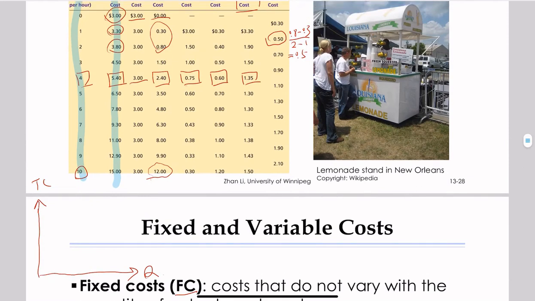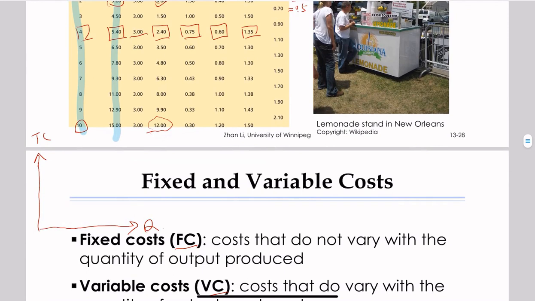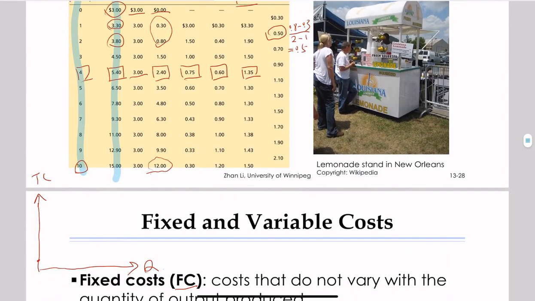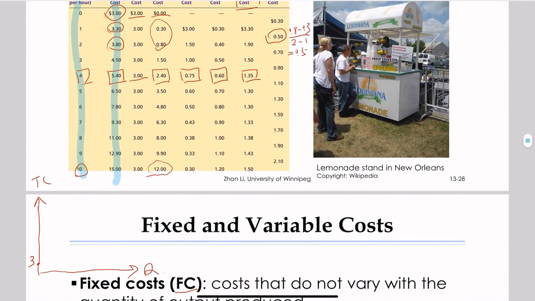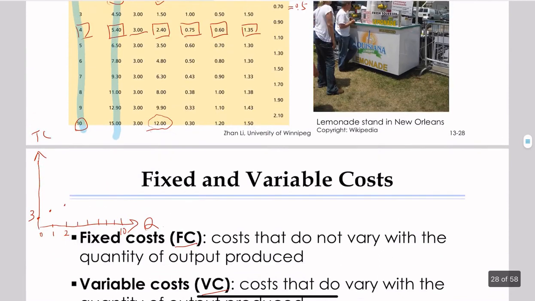From this table, we know that if quantity is 0, then the total cost is 3. And if quantity is 1, then we get 3.3. And if quantity is 2, we get 3.8. And obviously you can do this for each quantity until you get to this 10th quantity, right? And then you will get all these points.